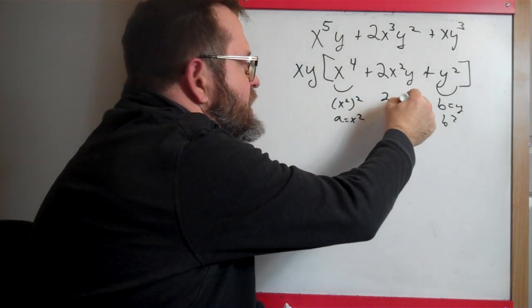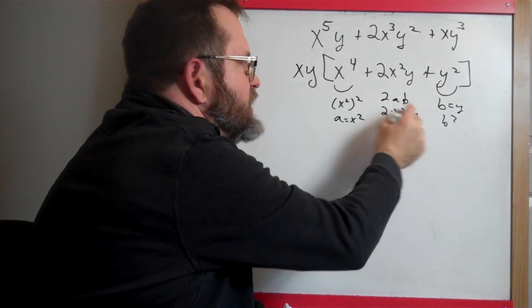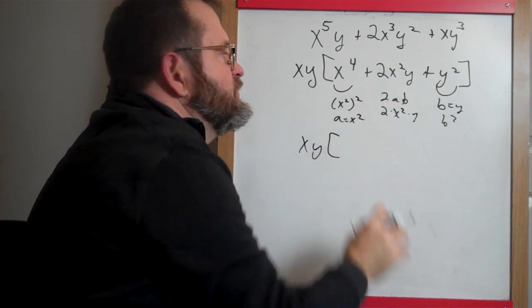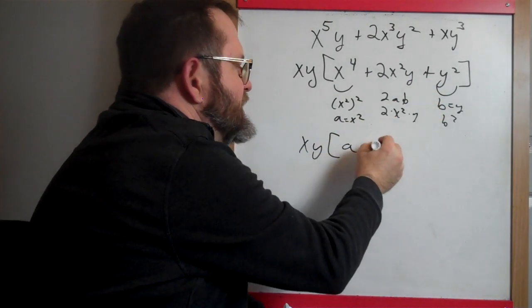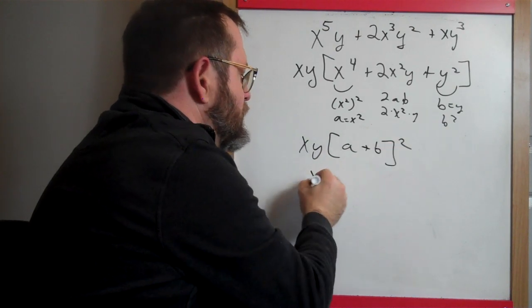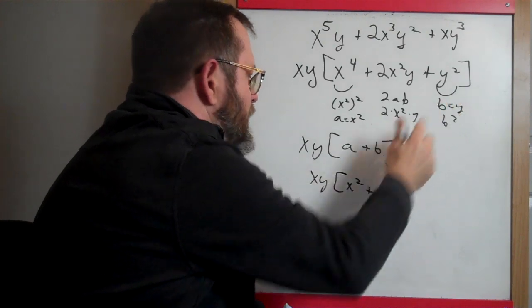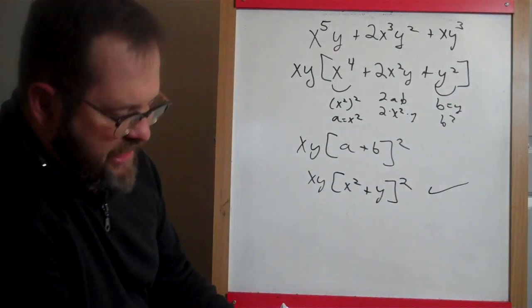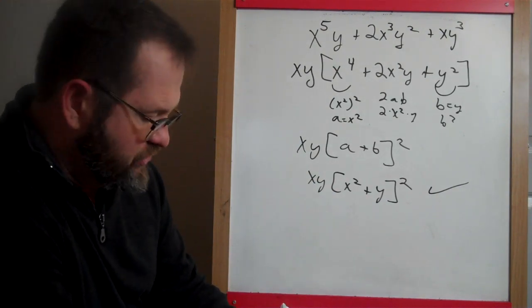Let's see, is it 2 times a, which is x squared, and b was y? Yeah! So that big term that was originally in square brackets can be written as a plus b, the quantity squared, which, substituting back in, a was x squared and b was y. And we did it. And again, I would strongly recommend when you're doing this on homework or something like that, to actually use FOIL and make sure that this works.